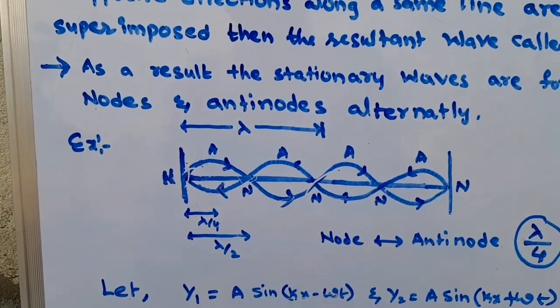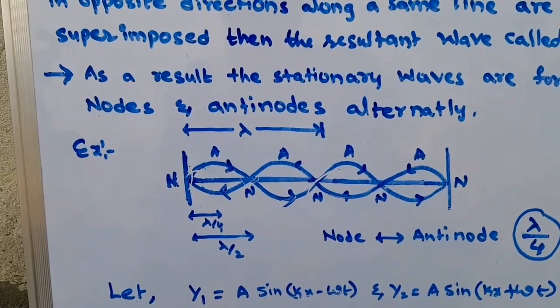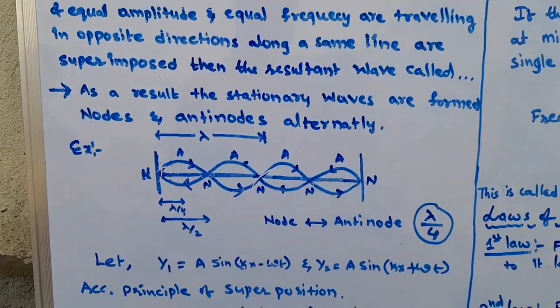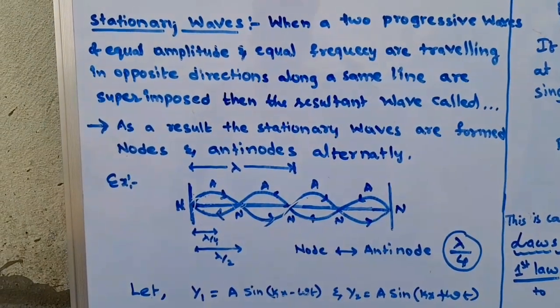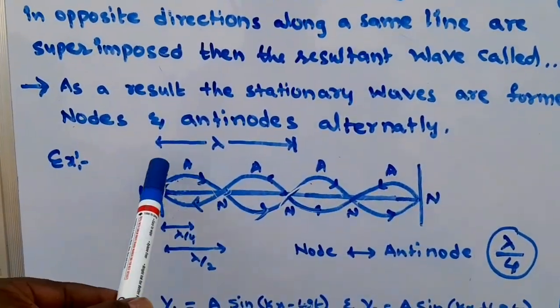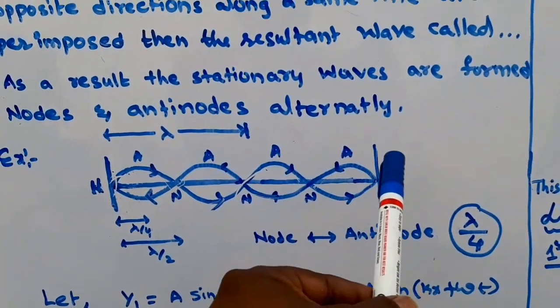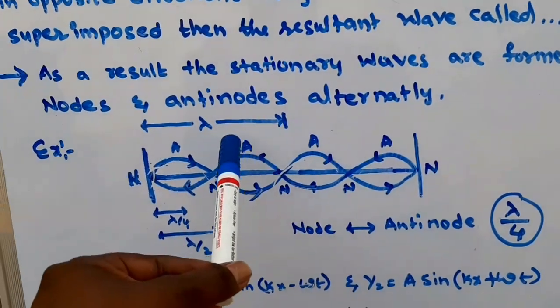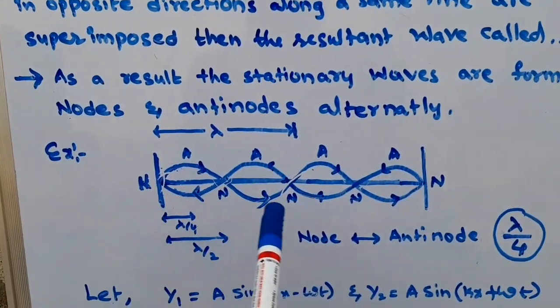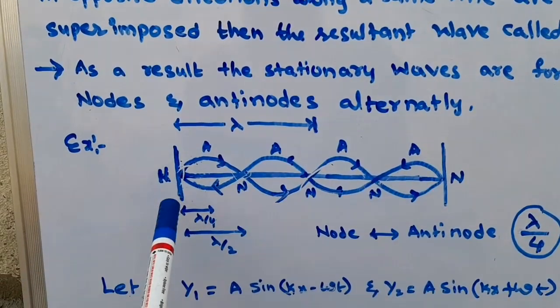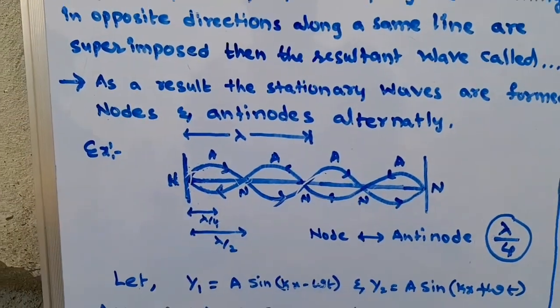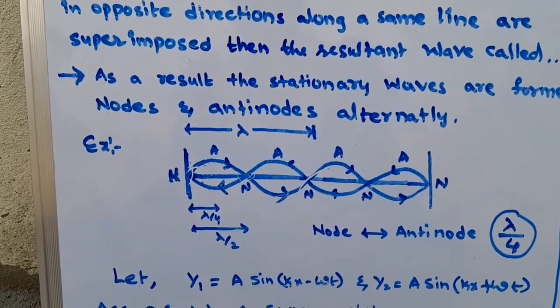This type of loop formation is seen in stationary waves. One progressive wave moves this side, and another wave comes in the same line opposite to the first wave. Both are superimposed to form the stationary wave.